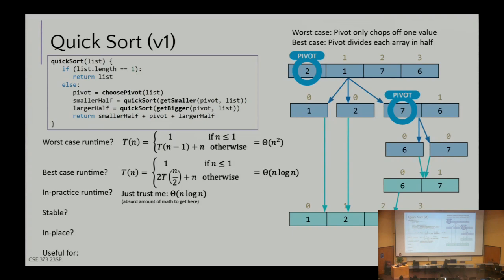It's all based on how you pick the pivot, which is what we're going to talk about in the next few slides. But before we get there, can anyone tell me, do we think this is a stable sort or an unstable sort? This was a little tough. Remember, stability is about if you have duplicates, do they remain in the same relative order as when they were first added into the unsorted list?